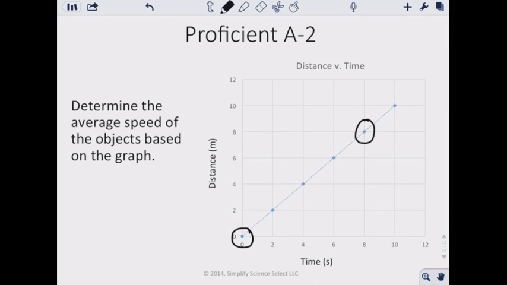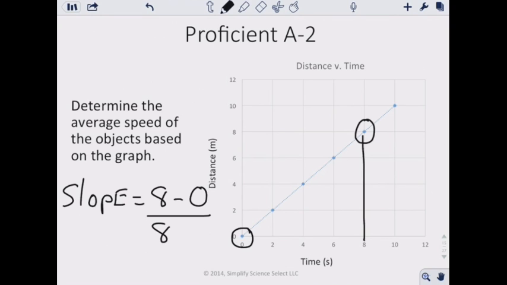And so what we do is we set it up in our equation. Our slope equals y2, which would be 8, minus y1, which is 0, all over x2, which we look at our x, that is 8, minus x1, 0.